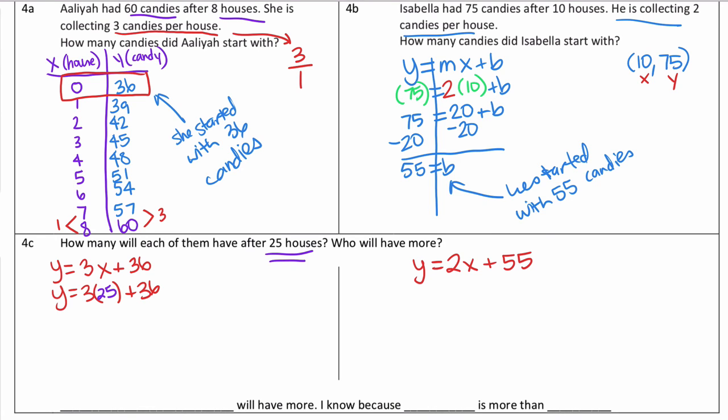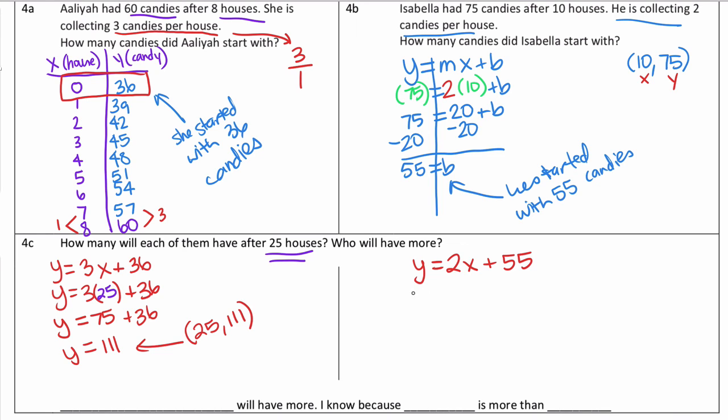And that will figure out my total, because all I have to do is say that's 75 candies, 3 times 25, plus the 36 I started with. Again, I've seen students kind of do this a different way, thinking about, okay, 3 candies times 25 houses, add on my extra, however you want to think about it, this is the way you could show your work. That makes 111. So that means 25 houses, that person has 111 candies.